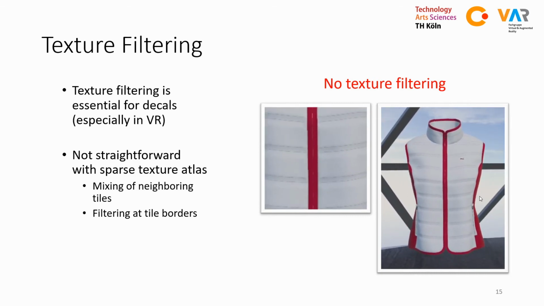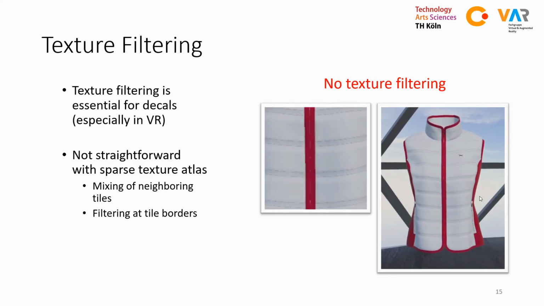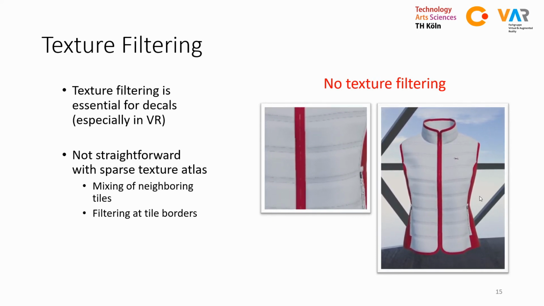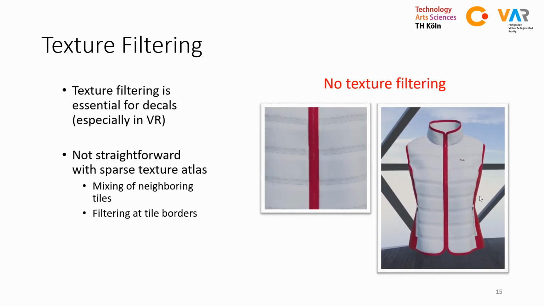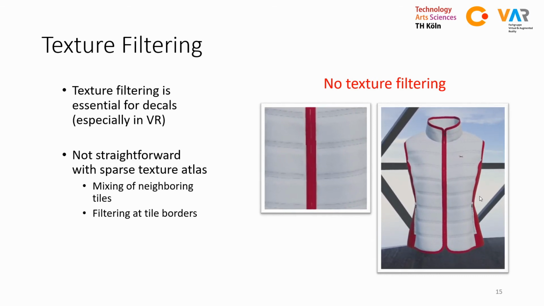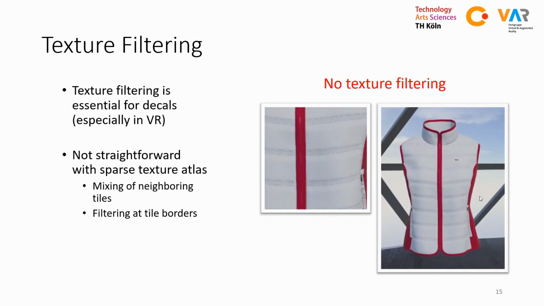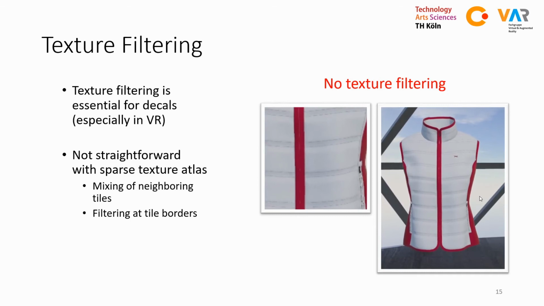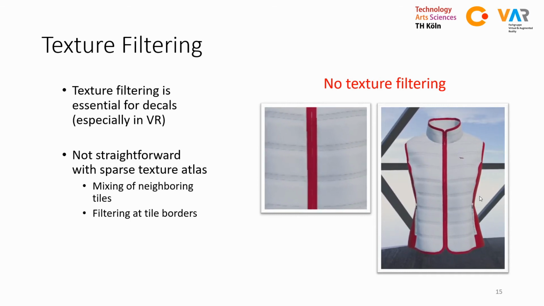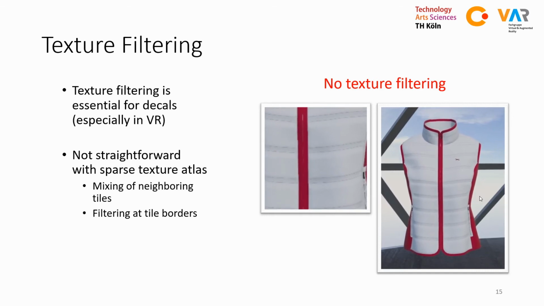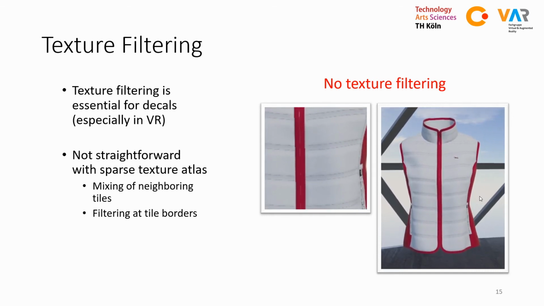A straightforward use of mipmapping, however, can lead to problems. For one, the mipmapping generation process can end up averaging neighboring texels together that belong to different tiles. Another problem arises when filtering at tile borders, and this is due to the sparse nature of our atlas, as spatially neighboring decals can be fragmented across the tile atlas.